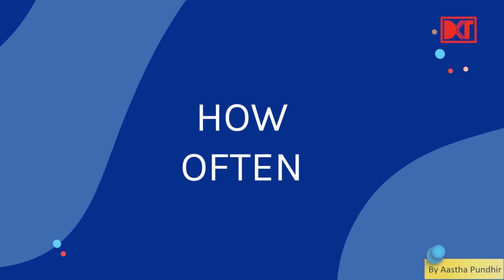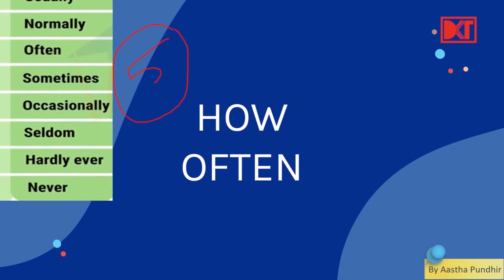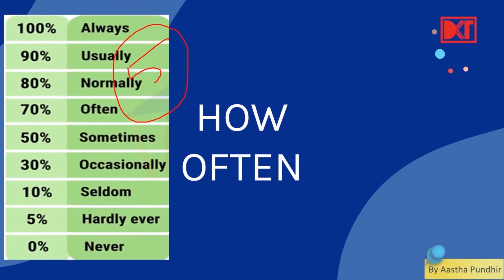This is the fifth category of adverbs, telling us how often something happens. Frequency.